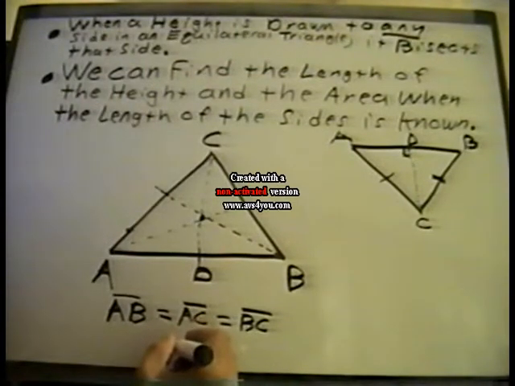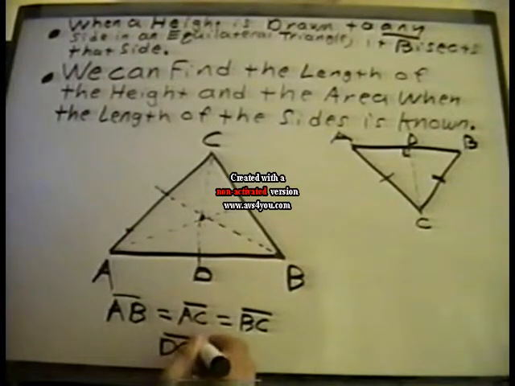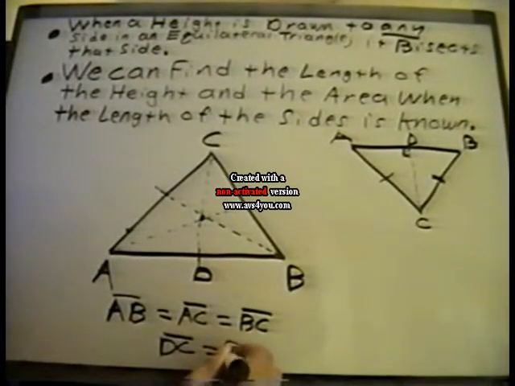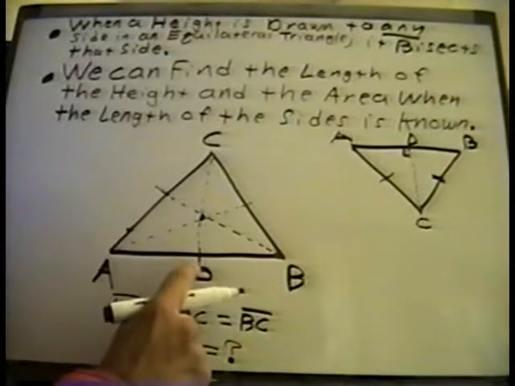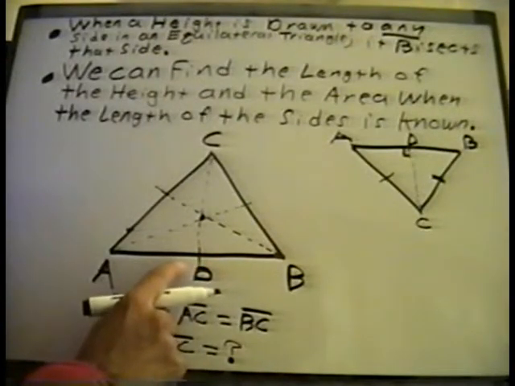Now we want to find DC. If the sides are known, we can find the length of the height, which is DC.